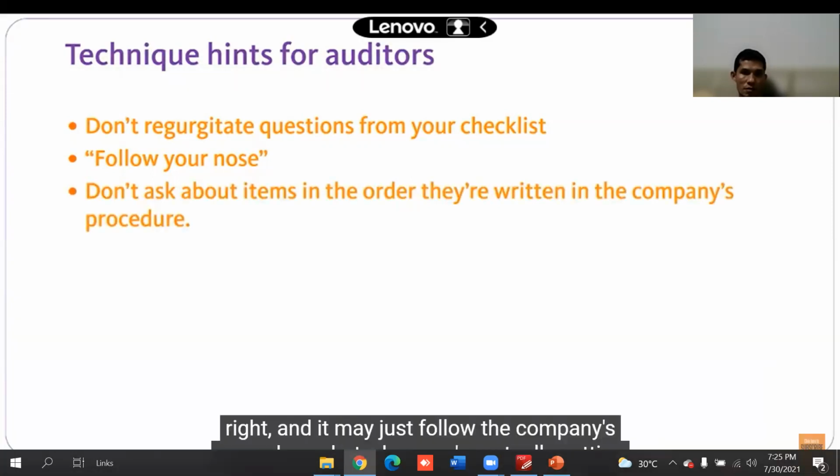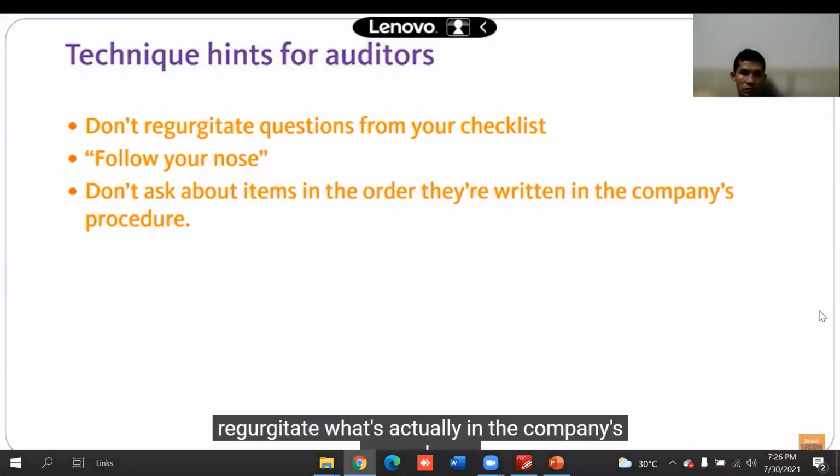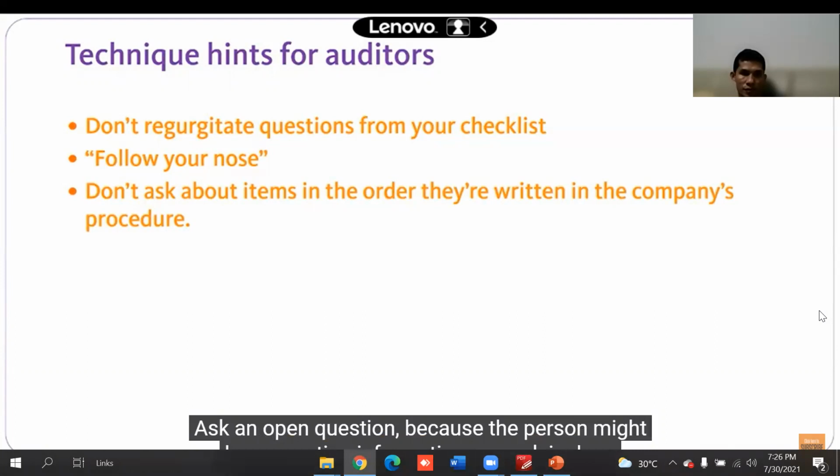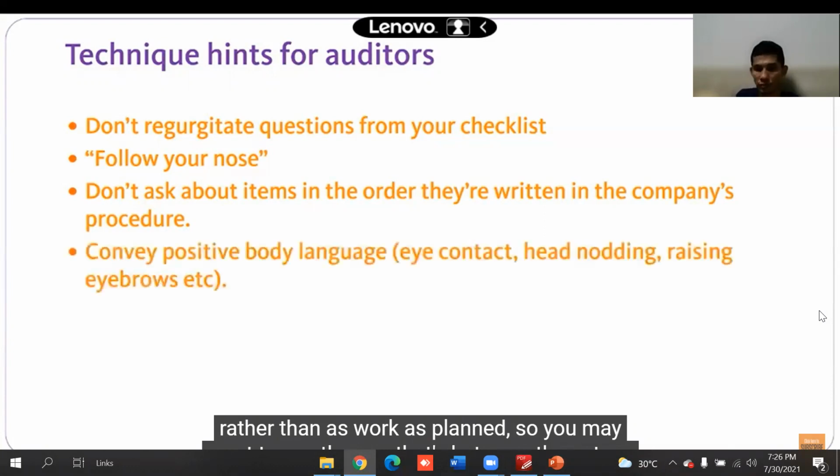But when you're actually getting out on site, you may see that that's not actually the way that things follow through. So just don't regurgitate what's actually in the company's procedures. Just ask an open question, because the person might be presenting information as work is done rather than as work is planned. So you may want to see the gap that's between those two.